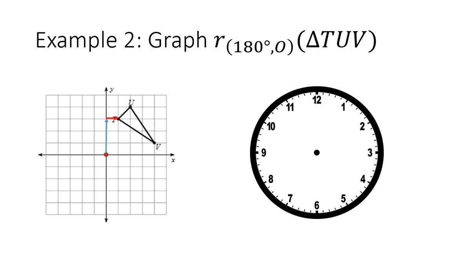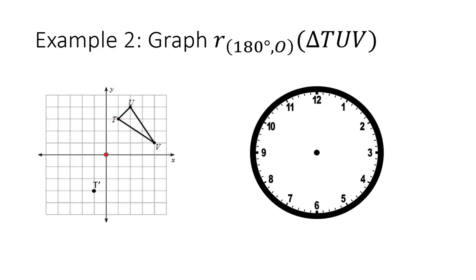And so the blue arrow is going to be, since it's 180 degrees, it moves from the 12 to the 6, so it'll be pointing towards the 6, and it's going to be going down 3 since it went up 3. And then from there, the red arrow, instead of being pointed towards the 3, it's going to be pointed towards the 9. And so my T prime is going to be located right there.